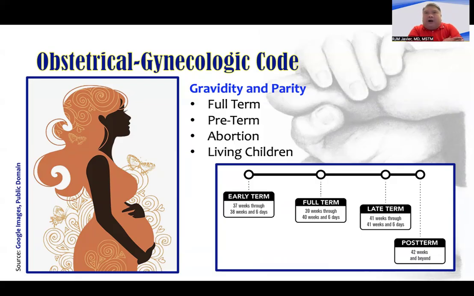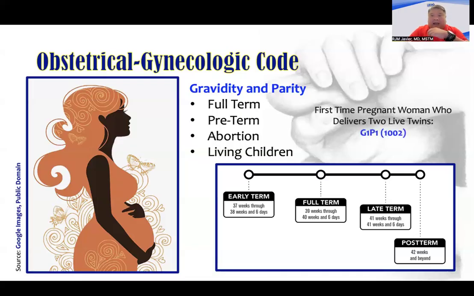So let's go back to our example a while ago of the twins. If I were a primigravida who delivered twin babies and I delivered at term, meaning 37 weeks and above, then I would be G1P1 because the pregnancy is full term. So whether it's early term, full term, or late term, we call them full term.